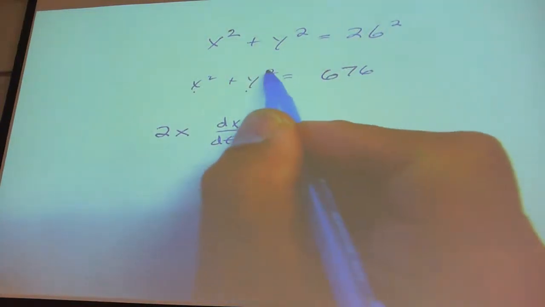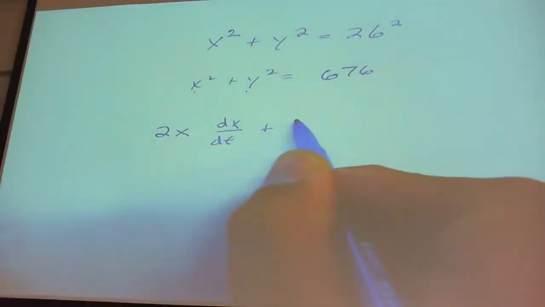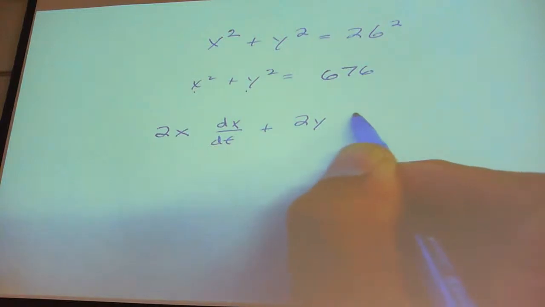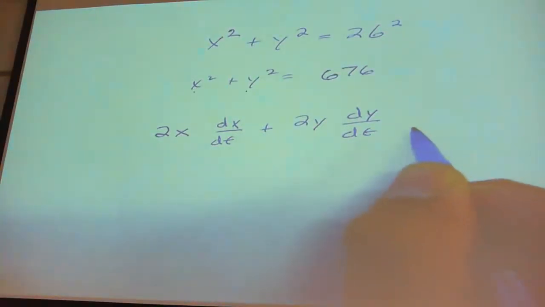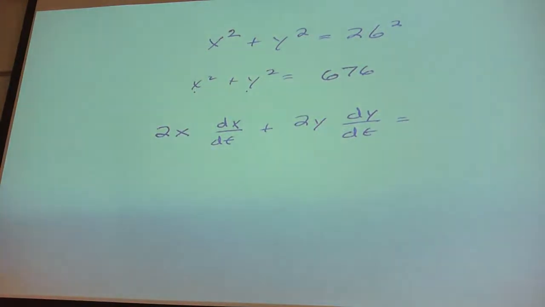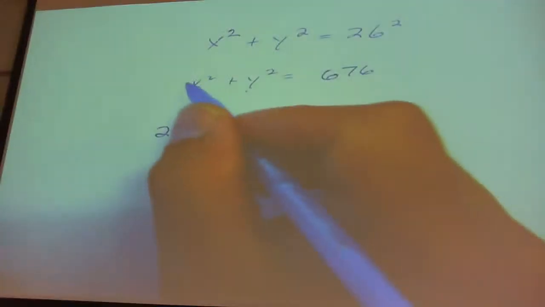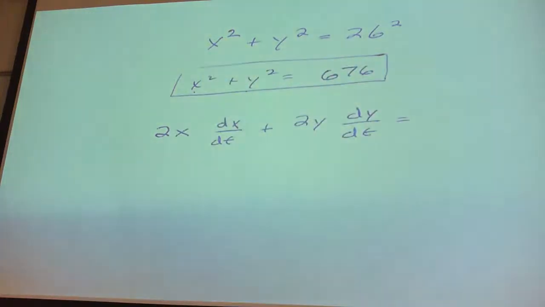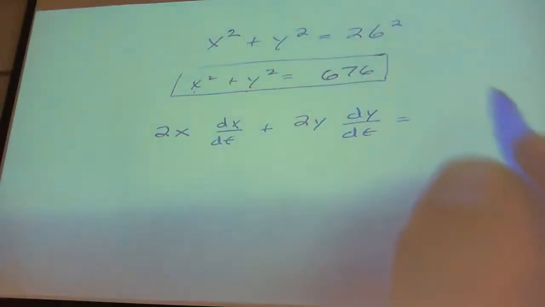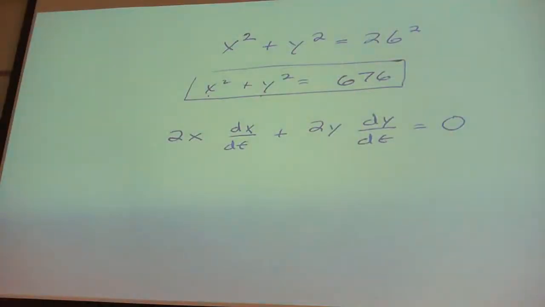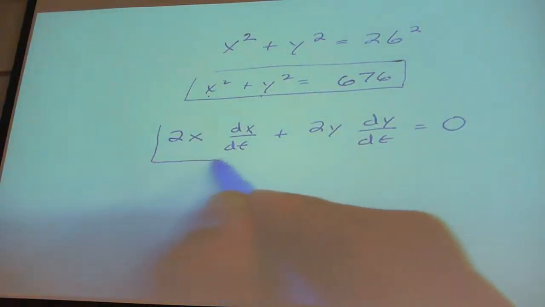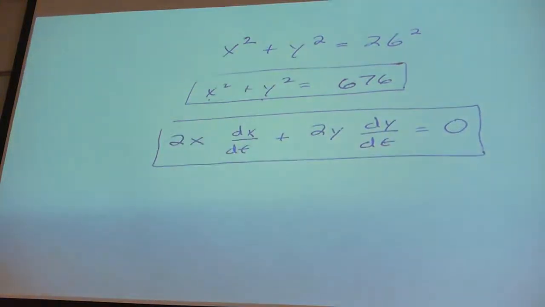Plus, what's the derivative of y squared? But this time, it's the derivative of y with respect to t. And what's the derivative of 676? 0. Stop there. Does everyone see how I got my second equation?